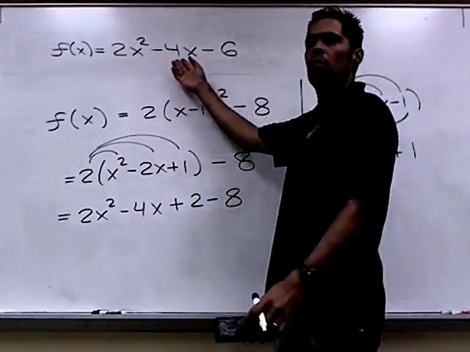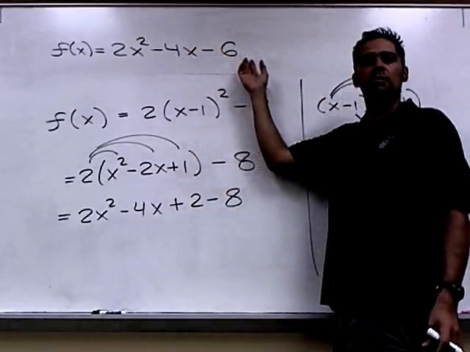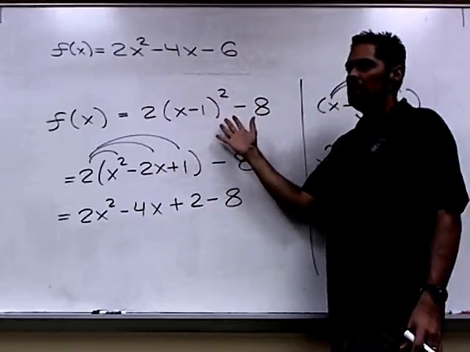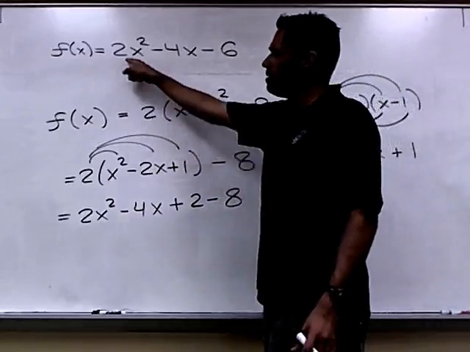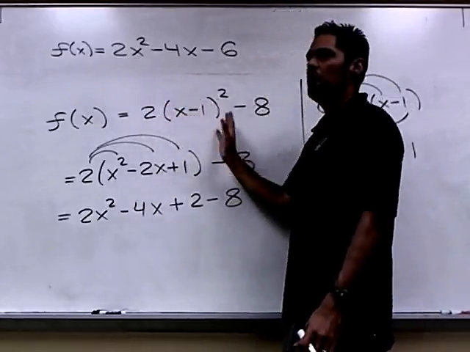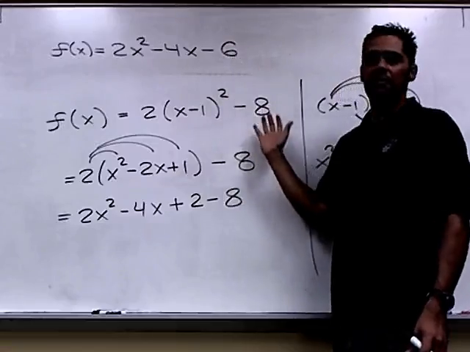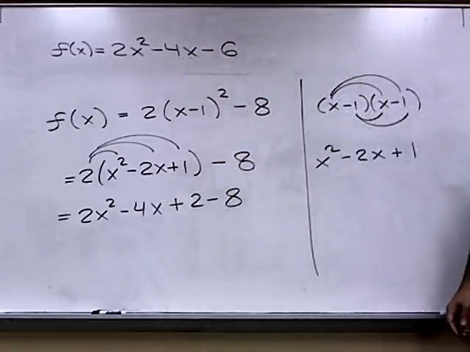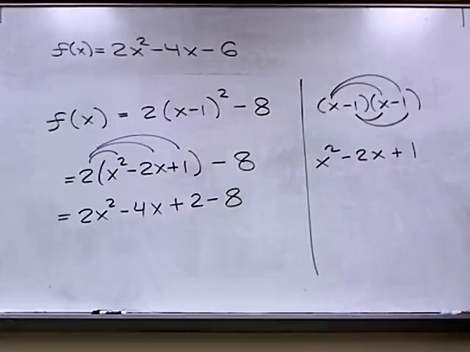B is -4, and C is -6. Yes? You can't see that from here, right? The A is always true. This will always be your A. But you can't see the -4 in here easily. And you can't see the -6 here easily. You have to actually multiply it out to be able to recover those numbers. Okay? Questions?